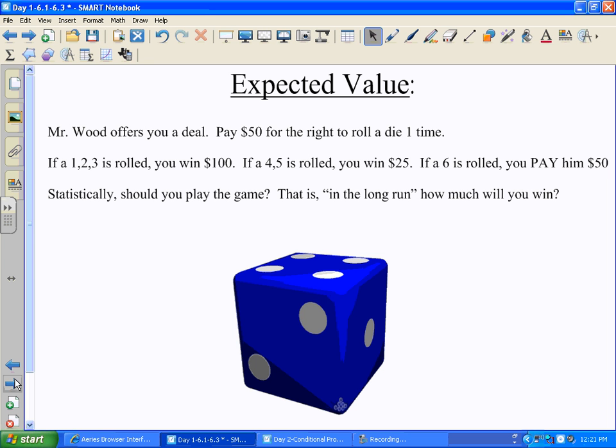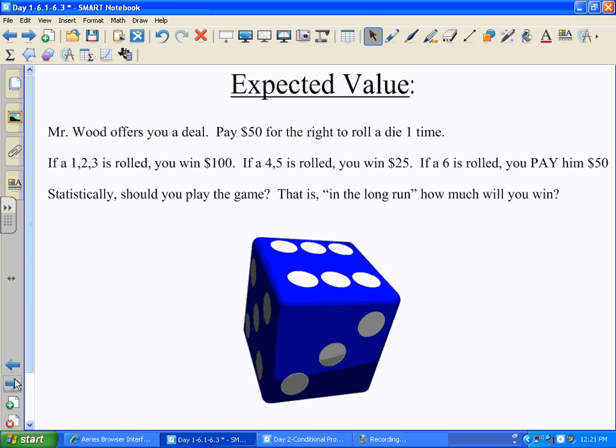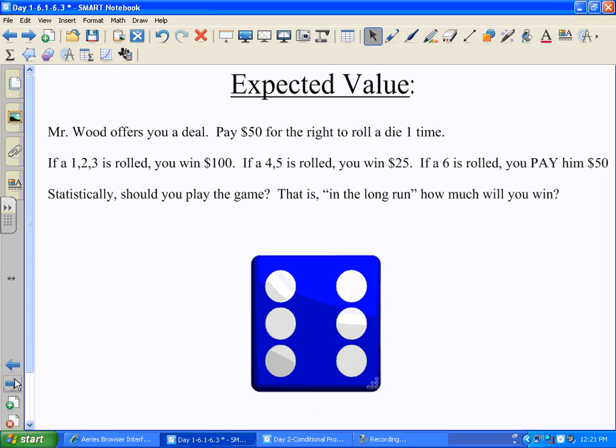All right, here's the deal. Our next topic is what's called expected value. I'm going to make this deal to the class. You've got to pay me $50 right now. Here's what I will give you for your $50. You get to roll this dice.